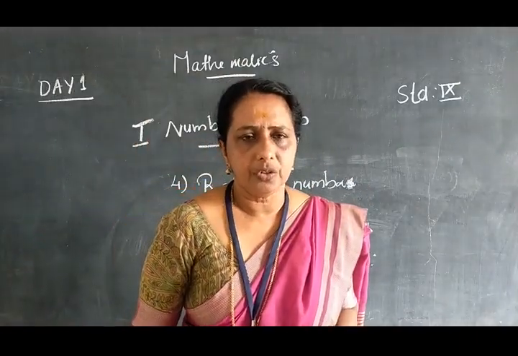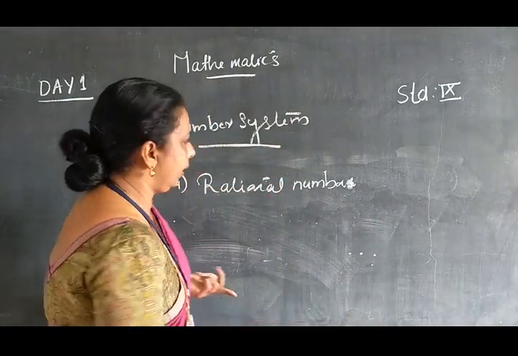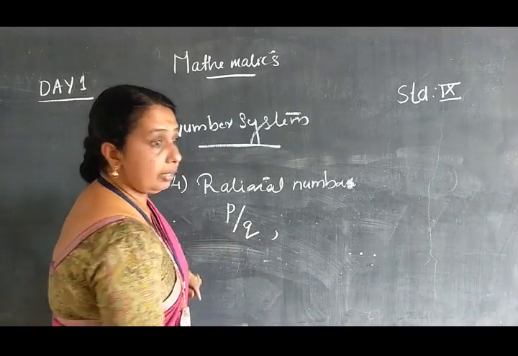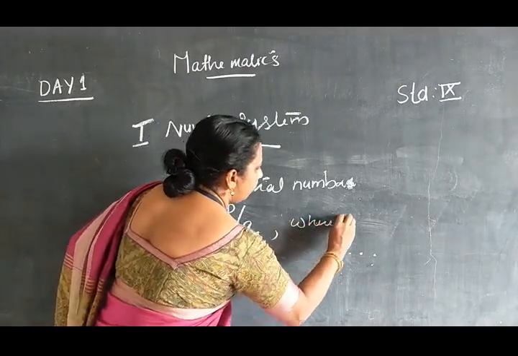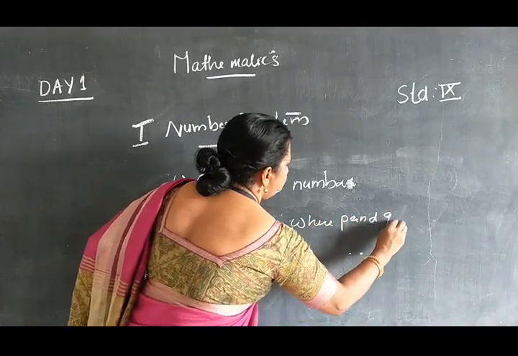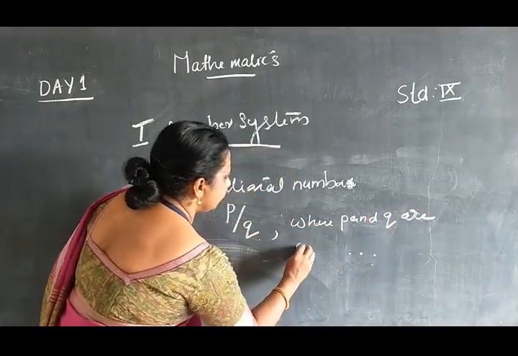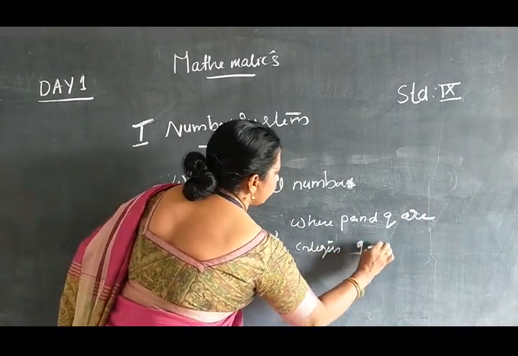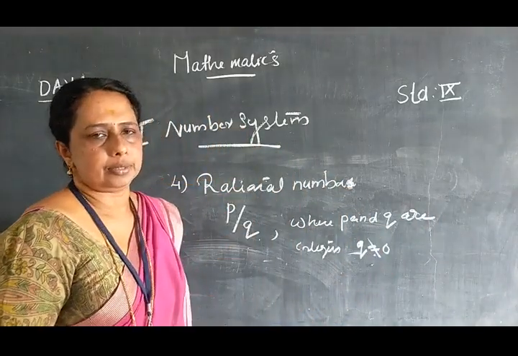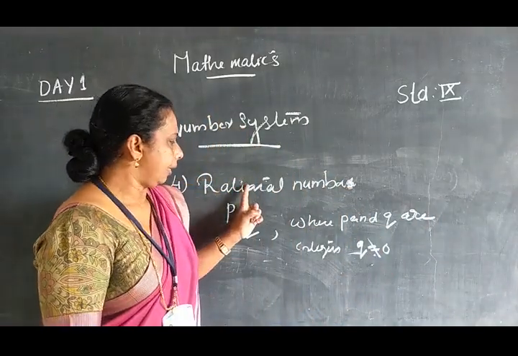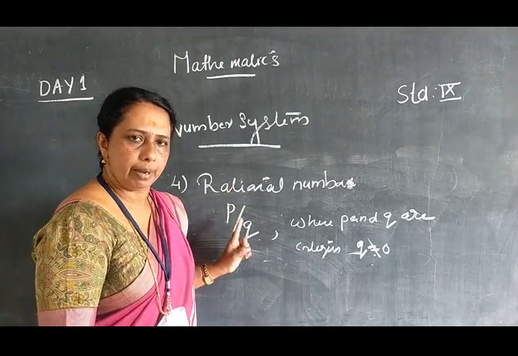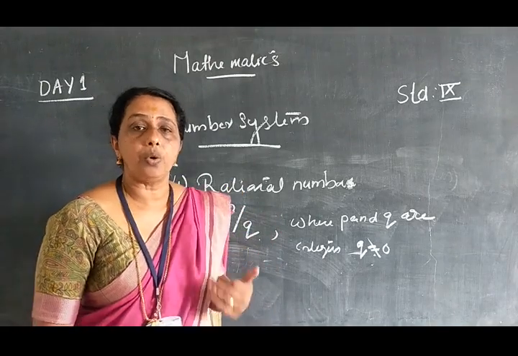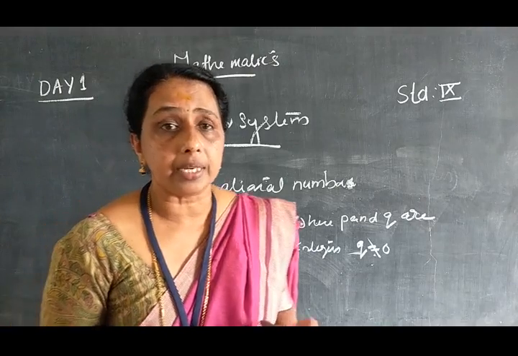A number which can be written in the form P by Q, where P and Q are integers and Q not equal to 0, is called a rational number.